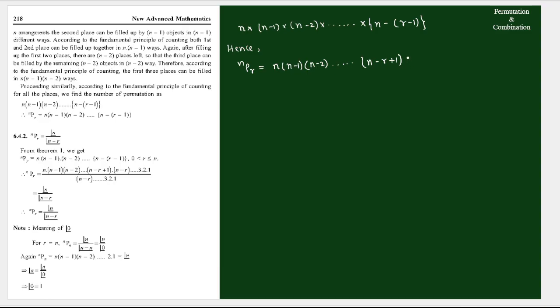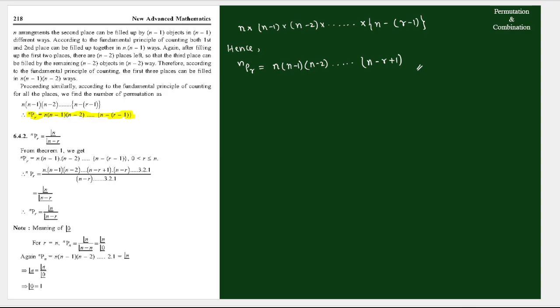We can use this one also, okay? Or you can simply write from the book what you want: nPr equal to n, n minus 1, n minus 2, up to n minus within bracket r minus 1. Up to this much is also correct. Clear? Understood? So this is our theorem.